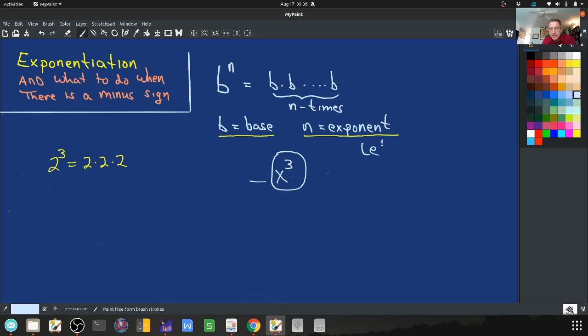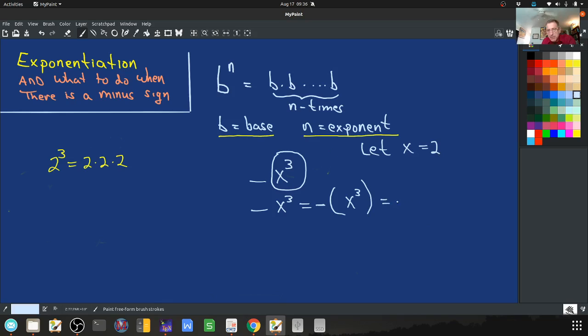Let's let x be equal to 2, and then we'll let x be equal to minus 2 and evaluate minus x cubed. Well, minus x cubed, I'm going to suggest you always do this, that's minus whatever the value of x cubed is. Well, in this case, x is 2 and x is my base, right?